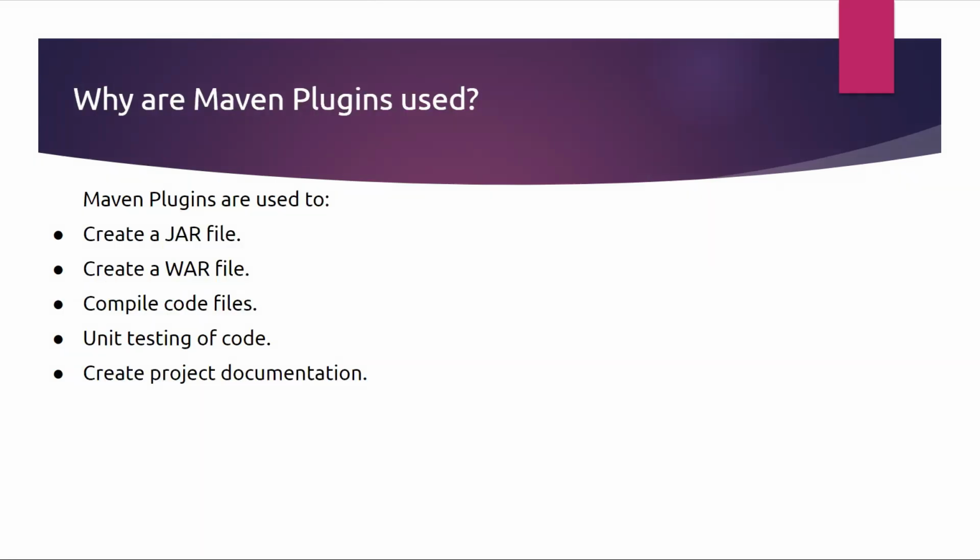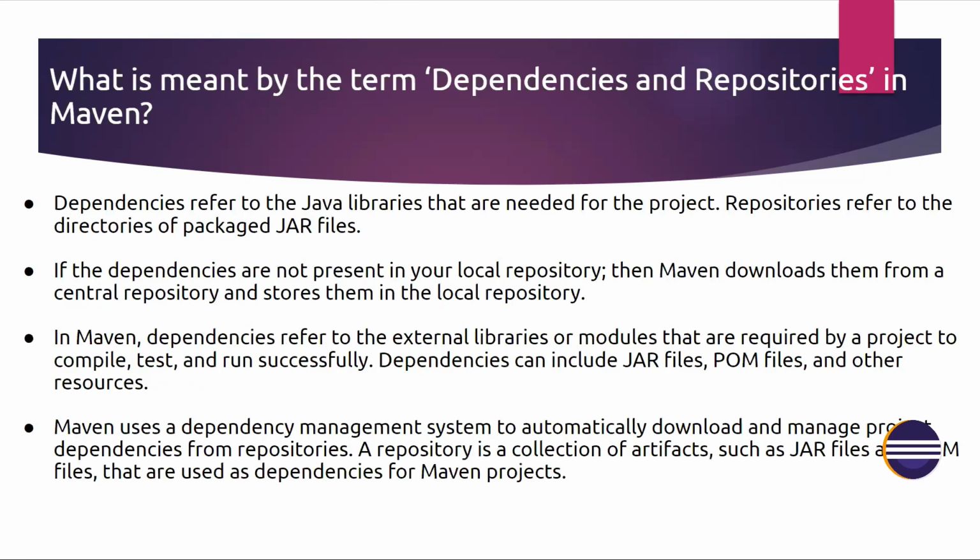Now comes, why are Maven plugins used? Maven plugins are basically used to create jar files, war files, compile code files, unit test the code, and create project documentation. These are the reasons behind using Maven plugins.